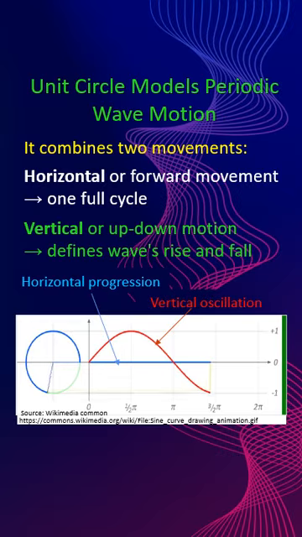The red line illustrates the vertical oscillation, which shapes the wave's peaks and troughs. Together, these motions show how circular movement translates into the repeating patterns of a wave, with the length of the blue line representing one full period. This circular motion transforms into the familiar sine wave pattern used in trigonometry.